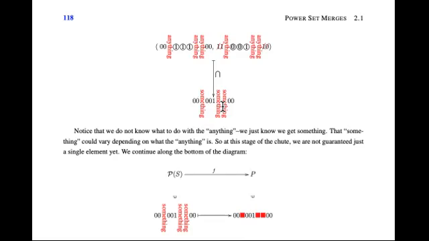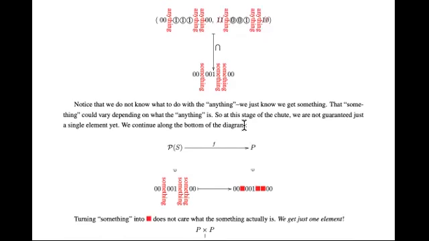But that's okay. We'll keep it as something for now, and we'll see if eventually it won't matter what it was. In the positions that we do know, we cancel out what's outside of those and just take that right there. We just focused on what was outside of the red area, and we said we don't know what's happening in the red, but we'll just say it's something. That's what's happening to all the elements in the pre-image over here.